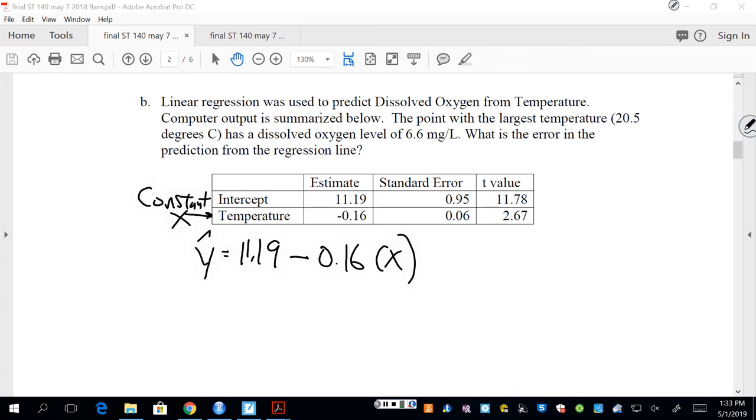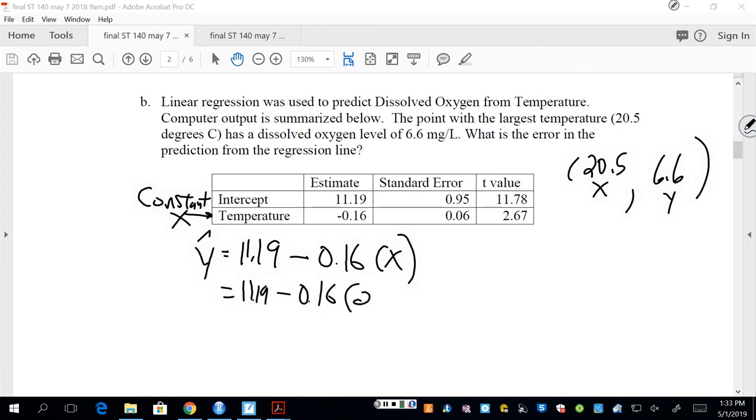And so this particular point had 20.5 as the X value for temperature, and 6.6 is the Y value for that. And so to do the prediction, we need to put in the X value, 20.5.